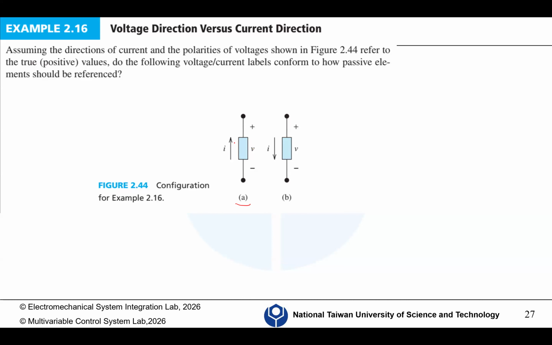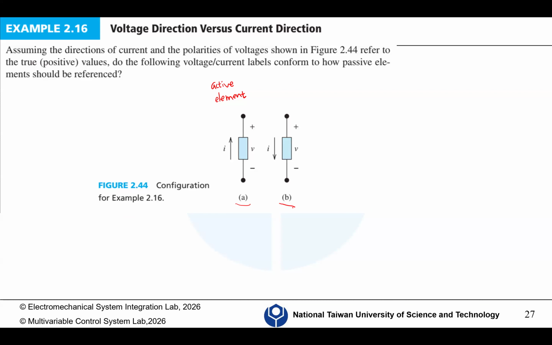For A, the current flows out from the positive terminal, so it's an active element. It's just like a battery, even though it's a block. We don't know what kind of element it is, but we are sure that it is an active element and it provides energy.